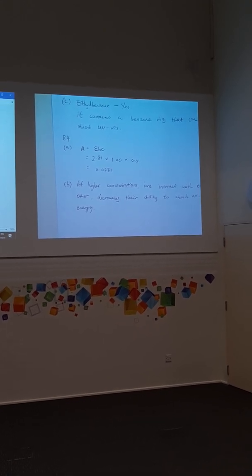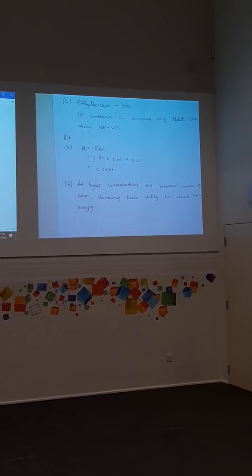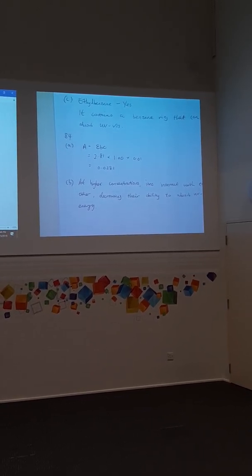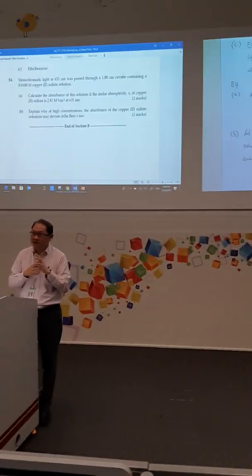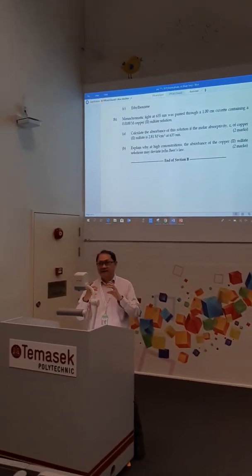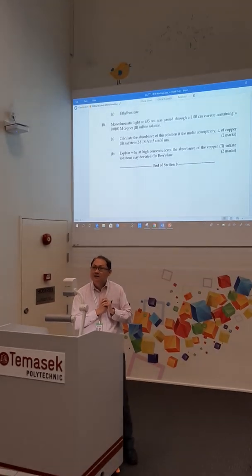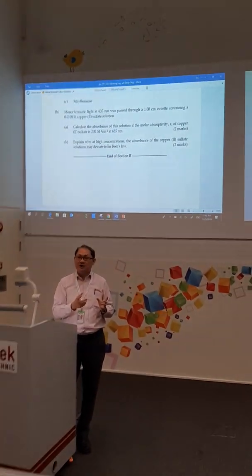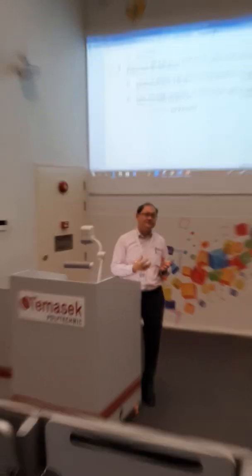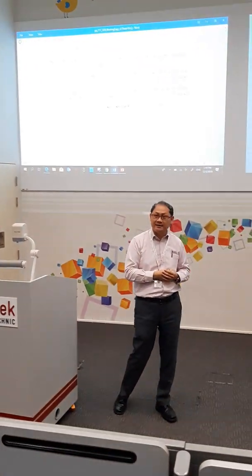Because when concentration gets higher and higher, the molecules and ions get closer and interact with each other more frequently. That will decrease their ability to absorb the UV radiation, and result in a negative deviation from the Beer-Lambert law. So that is the limitation of this technique.